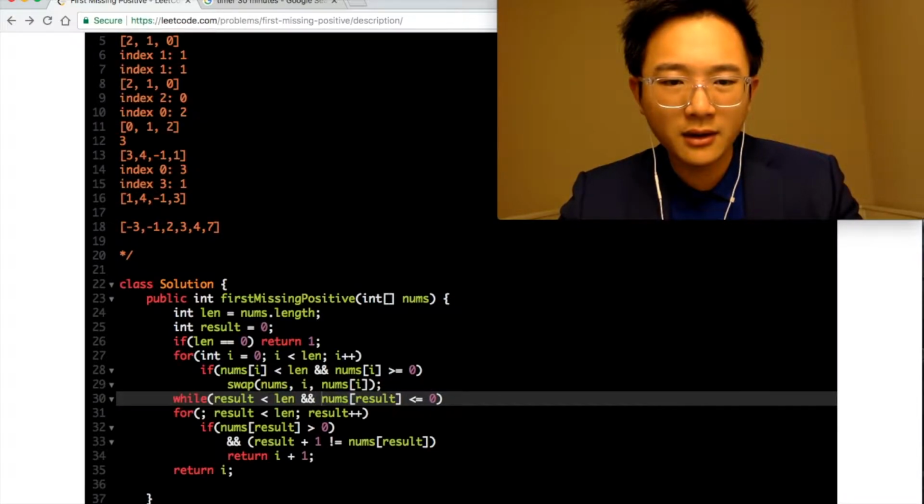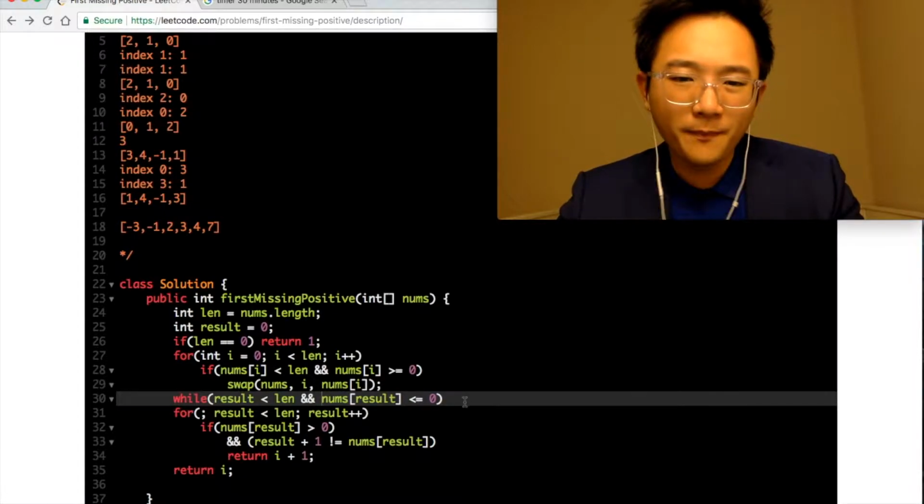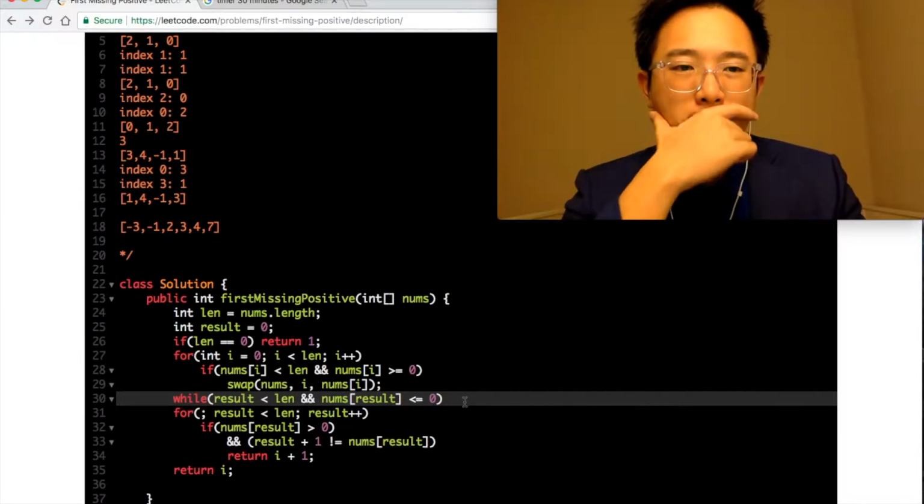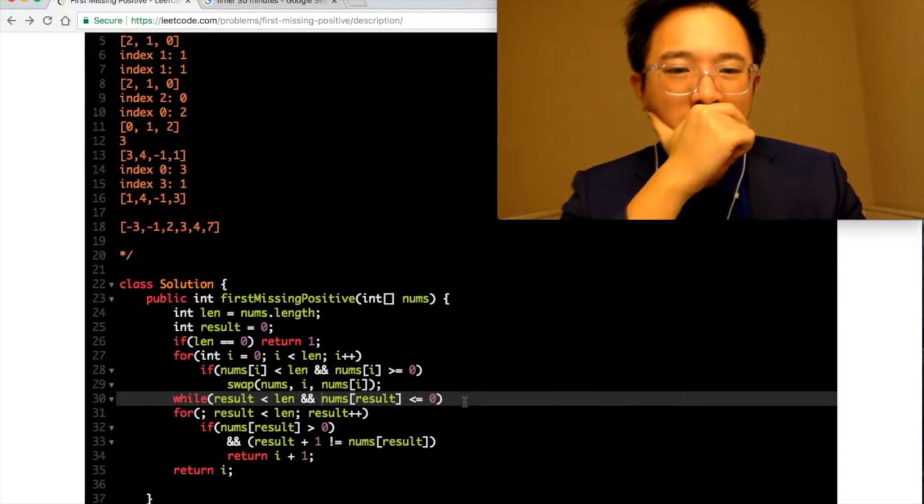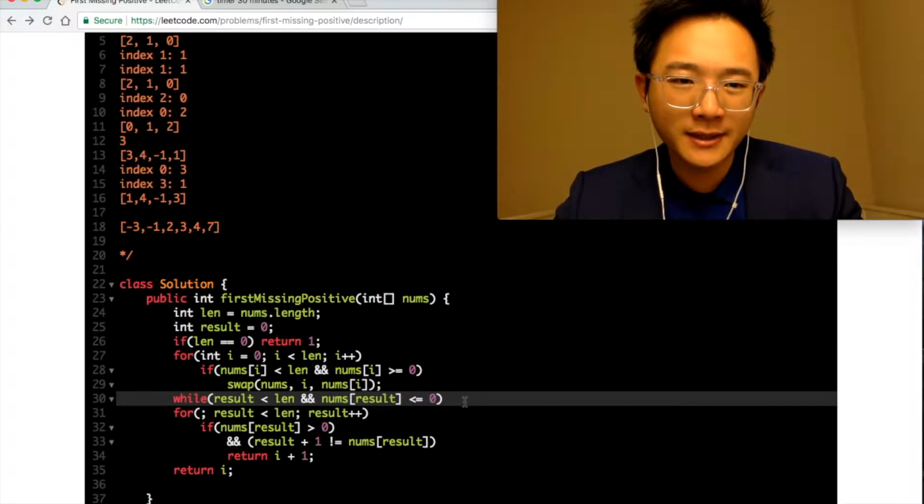And, well, result is less than that, and so no, we're still going to iterate it, but if we see a negative or whatever number, we don't count it.